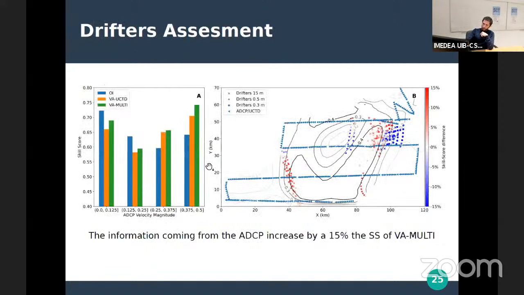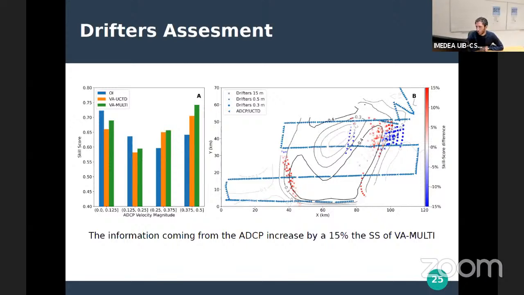So this skill score allows us to make a better assessment of our reconstruction. In particular, you can see in the histogram on the left the skill score averaged for the areas presenting the same range of ADCP velocity magnitude, because our idea in the end is that the multivariate analysis is the best reconstruction, but we suspect that the improvements are limited to the area where there is a strong signal of the ADCP.